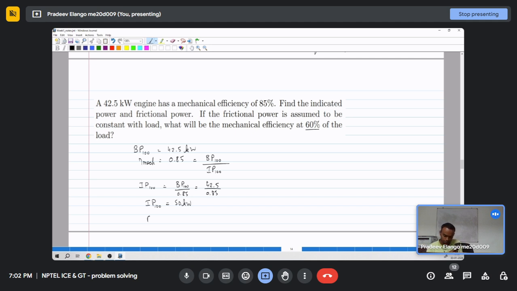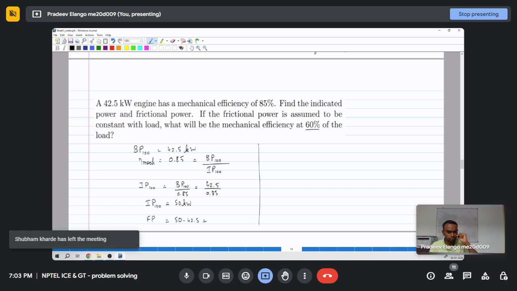And friction power will be 50 minus 42.5, so 7.5.